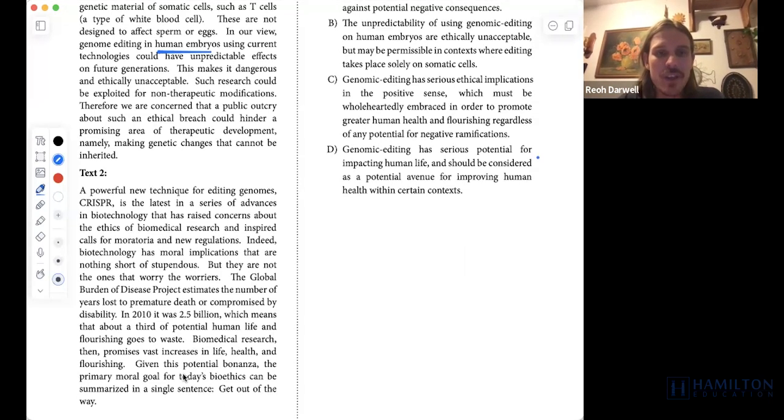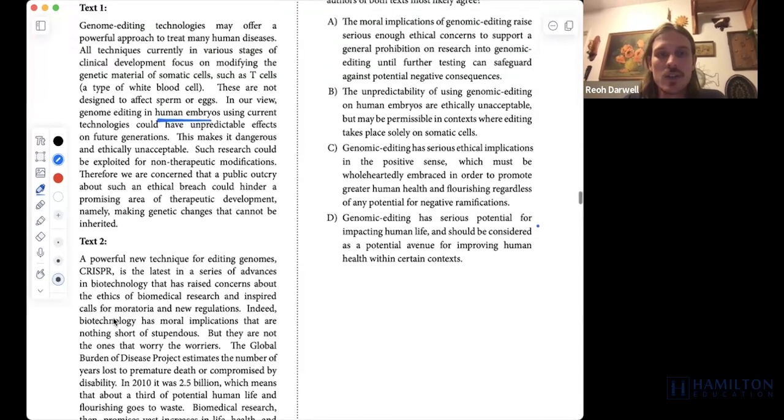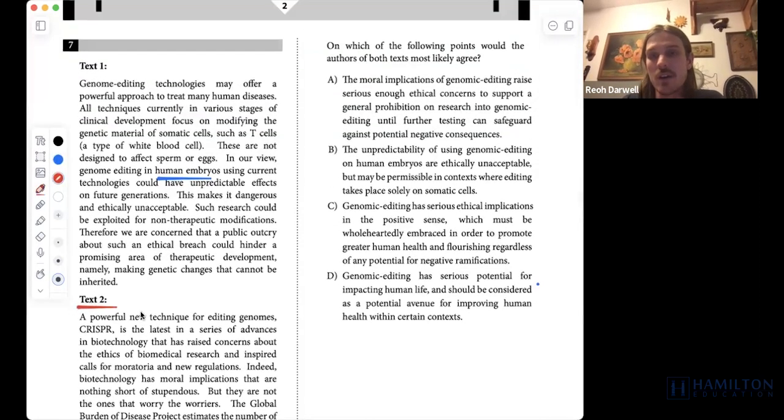So it is an ethical argument about the moral implications of genomic editing, but in the positive, not the negative. So if you misread either of these texts, especially text 2, that's going to make this very hard, right? If you saw text 2 as saying, there's too many moral implications for CRISPR, you're probably going to go with either A, B, or something like that, right?